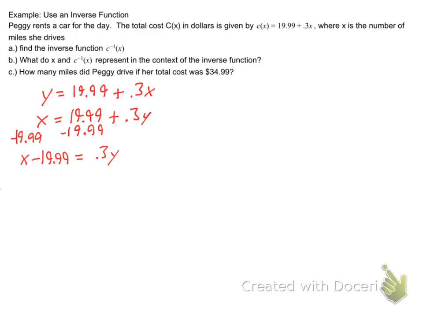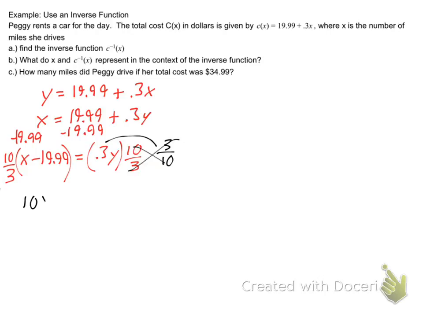So, if I wanted to get rid of 3 over 10, I multiply both sides by 10 over 3. Can you guys visualize that? This is really 3 over 10. These will cancel. It allows me not to have to worry about dividing by 0.3.